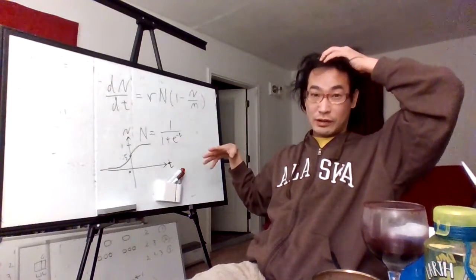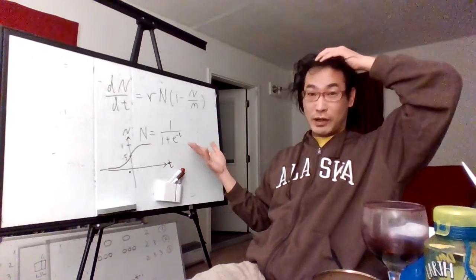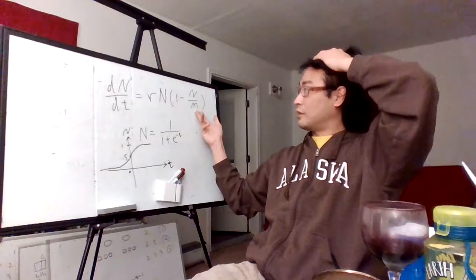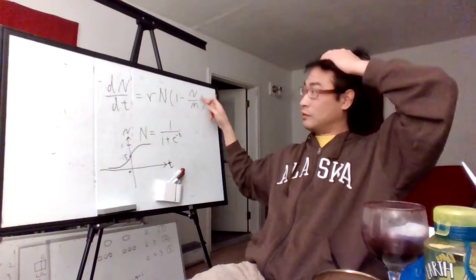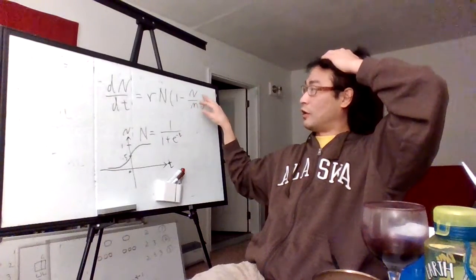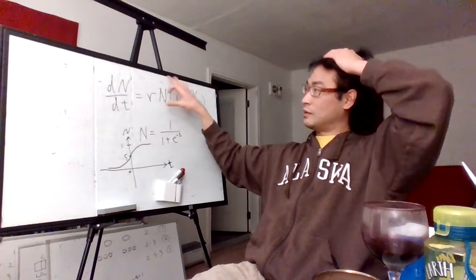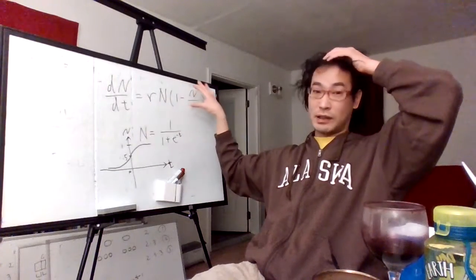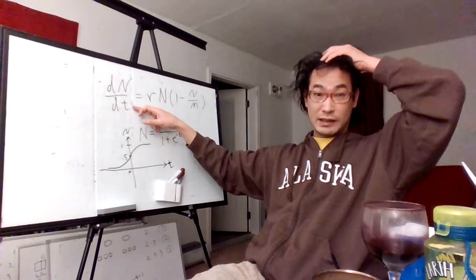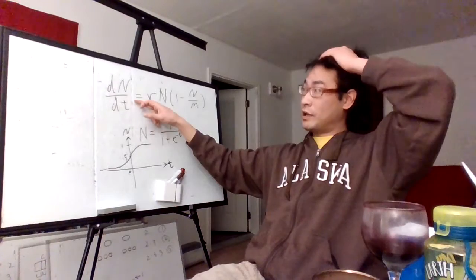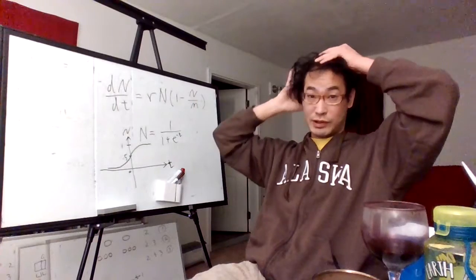If the current population is bigger than what the environment can sustain, the maximum population, then this fraction becomes more than 1. So 1 minus a number bigger than 1 becomes negative. So this whole right-hand side of the equation becomes negative, meaning dN/dt becomes negative, meaning the population decreases.